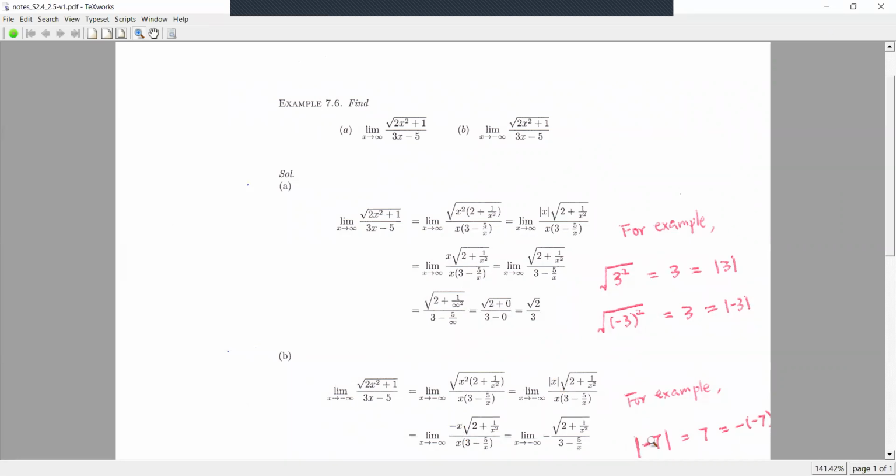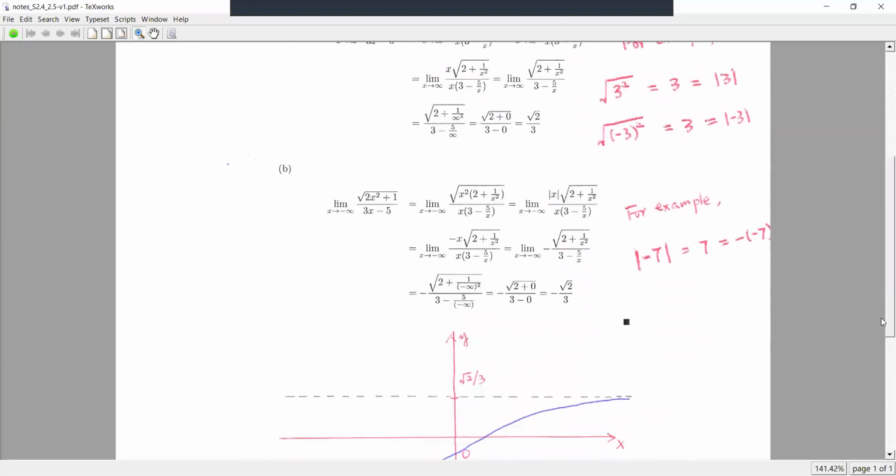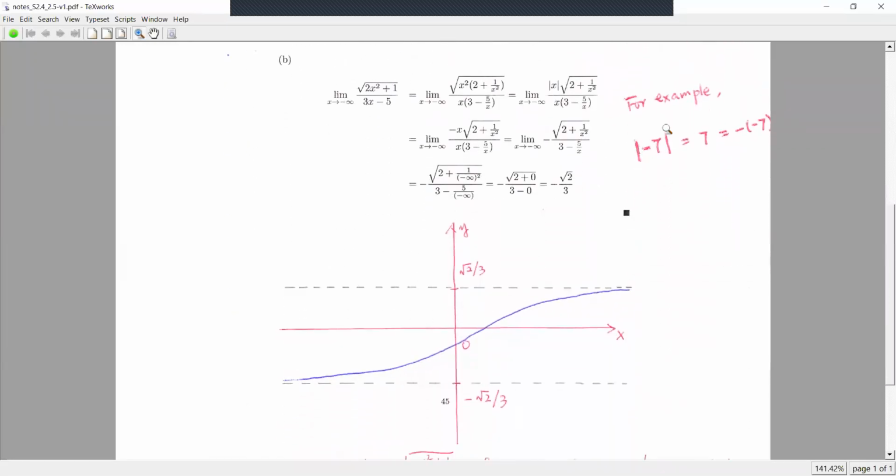For example, negative 7 is negative. Absolute value of negative 7 is positive. Now, to make absolute value of negative 7 and negative 7 equal, we need to add a minus sign in front of negative 7. So we have this equation.